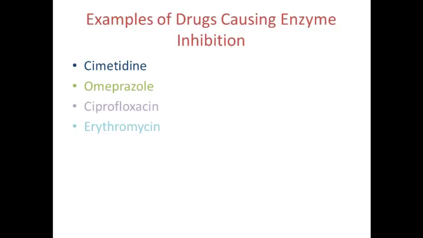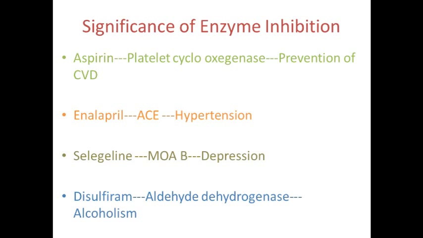Now examples of drugs causing enzyme inhibition: cimetidine, an antihistaminic drug, H2 blocker used for peptic ulcers, omeprazole, ciprofloxacin, erythromycin, antibiotics again which can cause enzyme inhibition. Aspirin also blocks an enzyme called platelet cyclooxygenase, so it prevents CVD. Enalapril inhibits the enzyme ACE, angiotensin converting enzyme, helpful in hypertension.